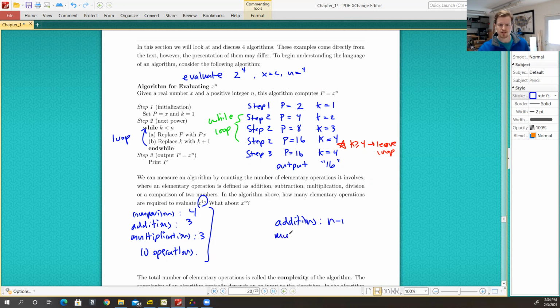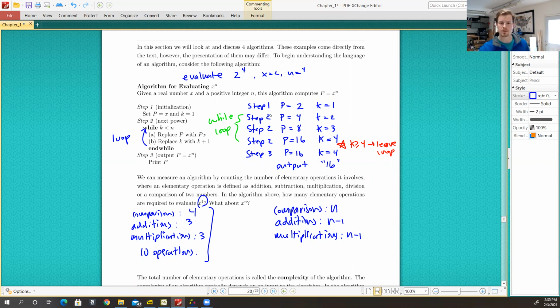And multiplications, we would also do n minus 1 of those, one for each time that we complete step 2. And then the comparisons, we would have to do n comparisons, right?